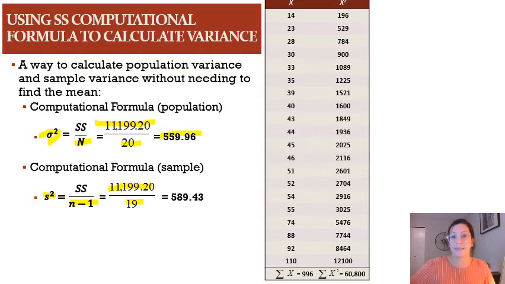11,199.2 by 19, and the sample variance is 589.43. If you notice, this is higher because what we've done is accounted for the fact that samples often have less variance than the population.